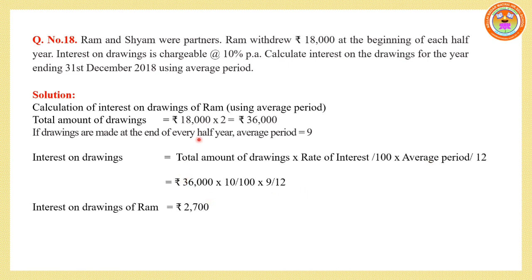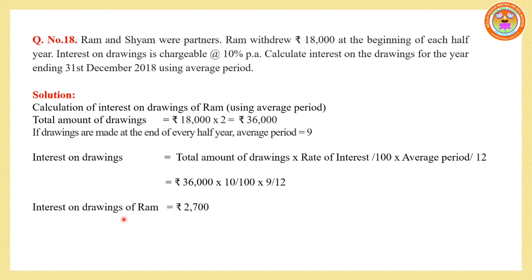So amount into 2, that means withdrawal amount into 2 can be written as total amount of drawings into 10 by 100 into average period for beginning of each half yearly is 9 by 12. So simplify this way, we got 2,700 interest on drawings of Ram.